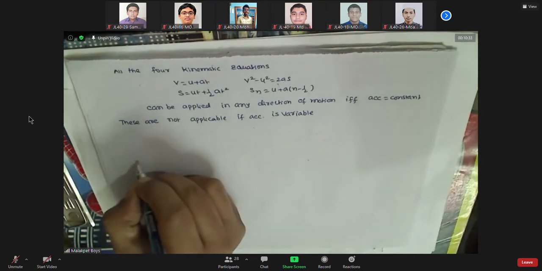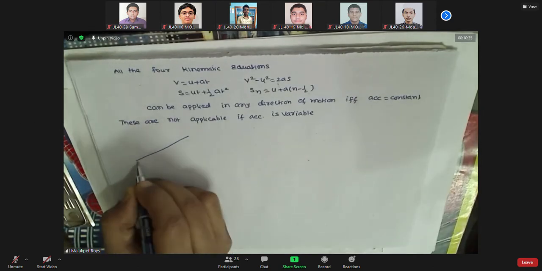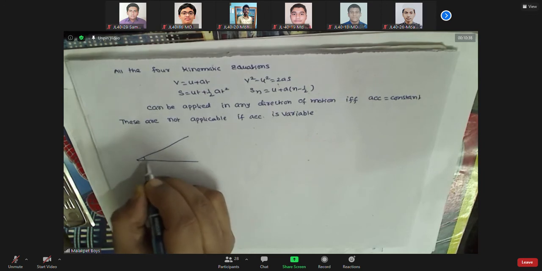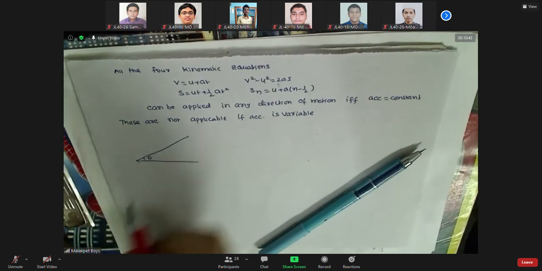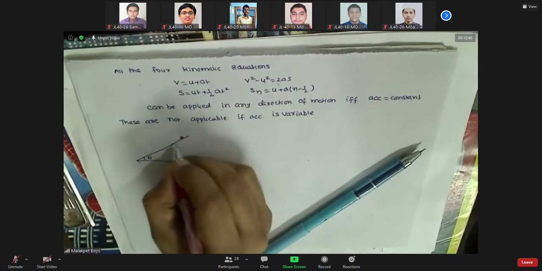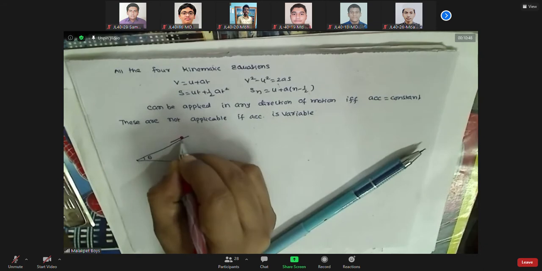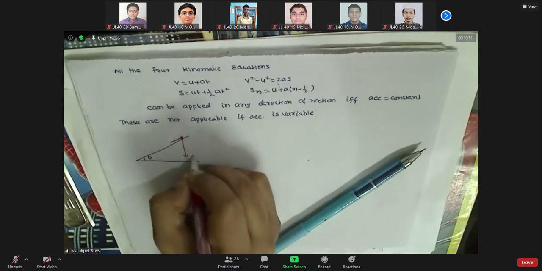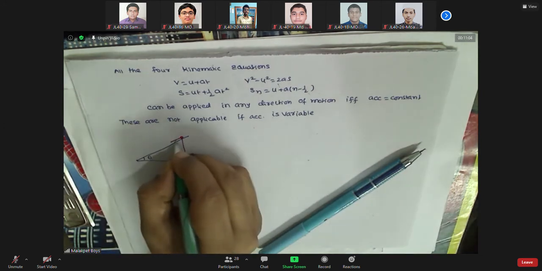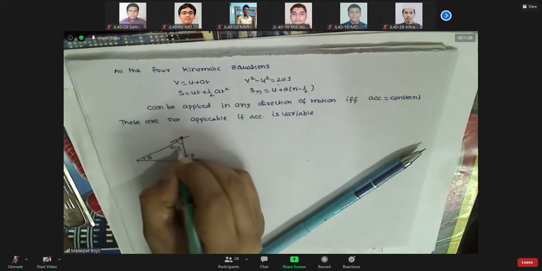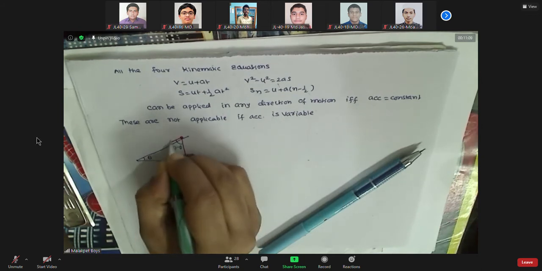Now you can see, this is an inclined plane. This is g now. This is theta now. 90 minus theta. Why? Because of the right angle. So what is this?